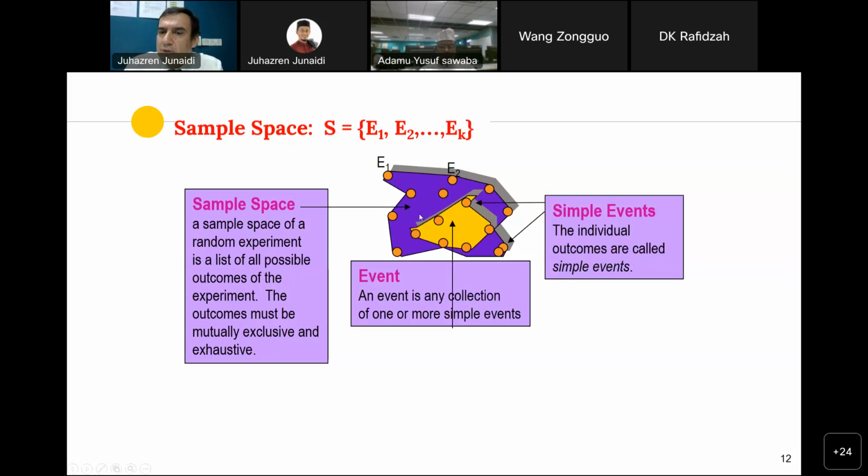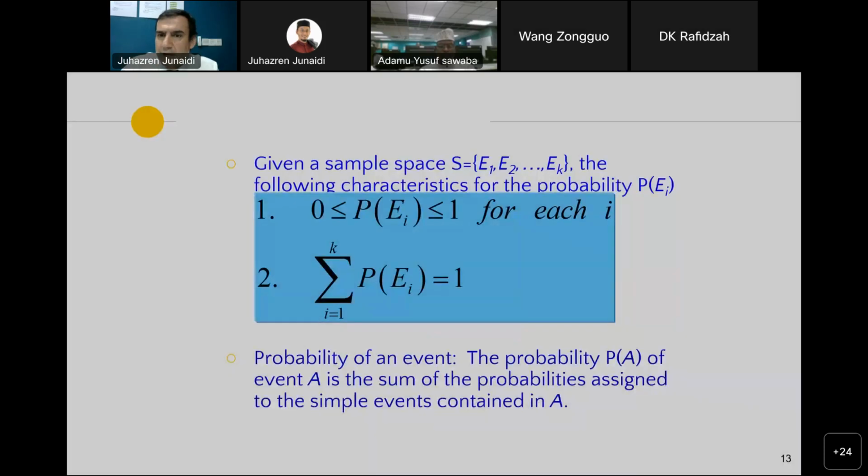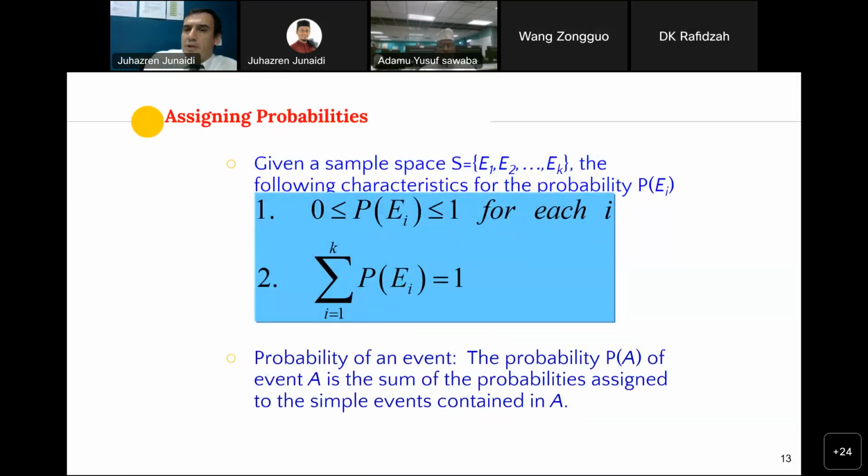So this is what happens really when we do it. When we actually do it, this is the event that occurs. And it will include some simple events. Okay. So given a sample space S equal to events 1 to K, the total probability of all the events to occur is 1.